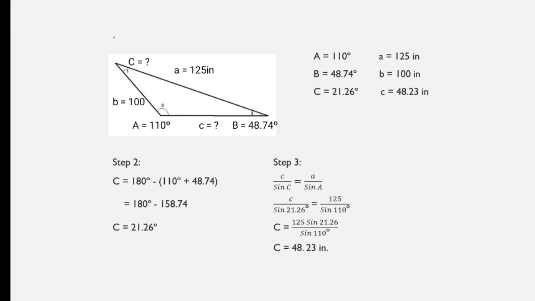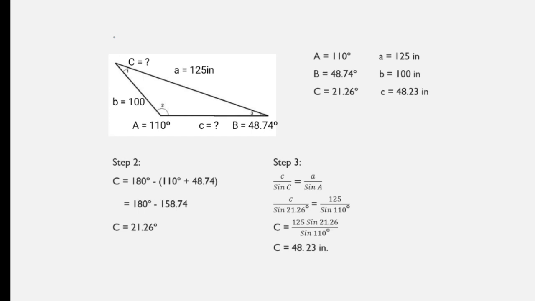So what we're going to do is add angles A and B and subtract it from 180 degrees to get angle C. We don't need the sine law anymore. So 180 degrees minus 158.74 will be equal to 21.26 degrees. Meaning, our C will be equal to 21.26 degrees.